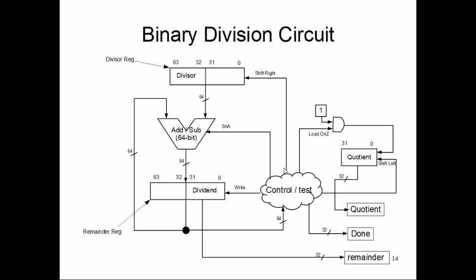Then at the end of the day, after 33 repetitions, it will raise the flag that, okay, I'm done, you can pick up the result. The quotient register will hold the quotient, and your remainder's lower half will have the 32-bit remainder, not the upper half. Okay, so that's the whole strategy.